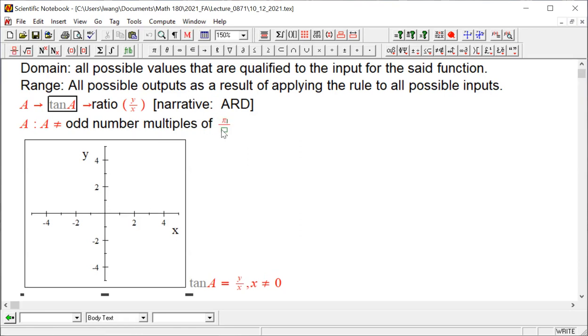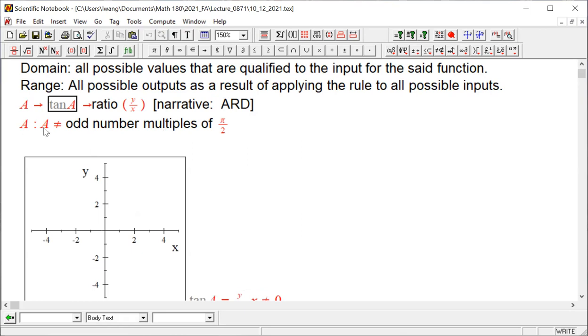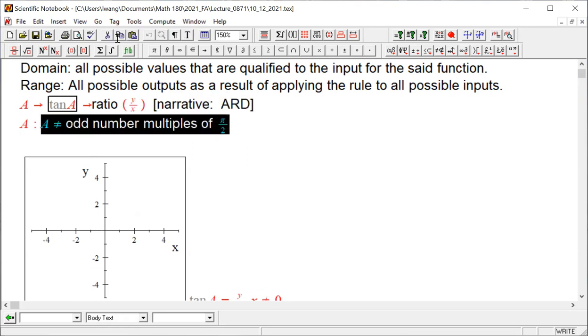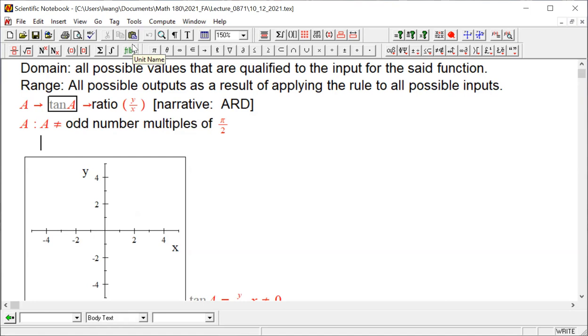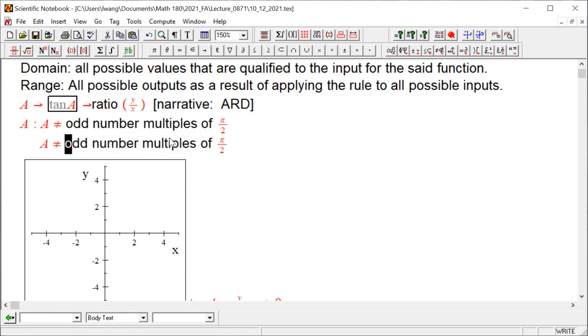Pi over 2. And how do we describe odd number multiples of pi over 2? How do we express an odd number? 2k plus 1, or 2k minus 1. You don't have to use both, just one will be fine. And k is any integer. Are there any questions about this one?